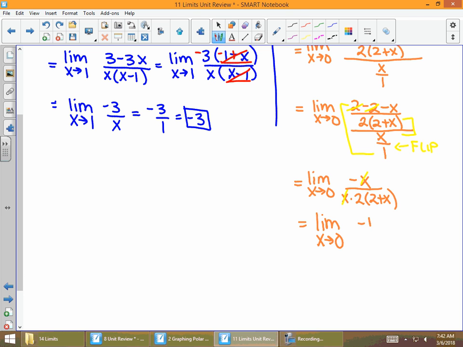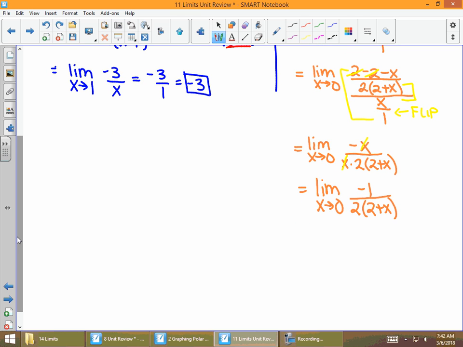So I have negative 1 in my numerator and 2 times 2 plus x in the denominator. And now, since we're not going to get a 0 in the denominator, when we plug in, we can plug in to evaluate the limit.